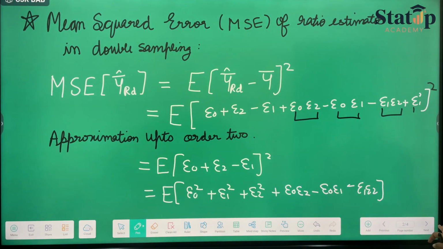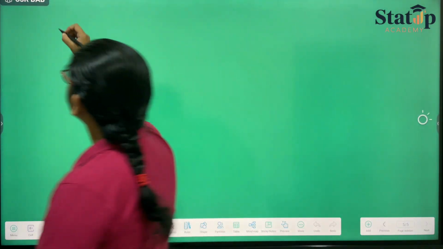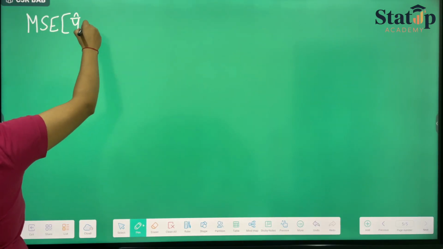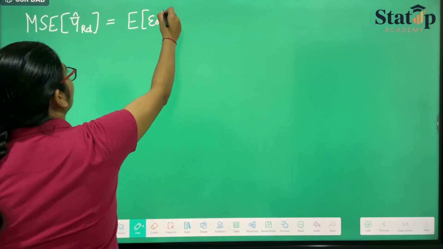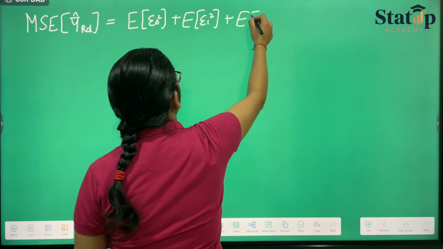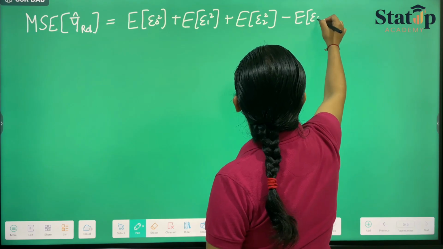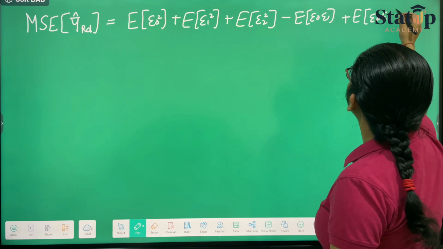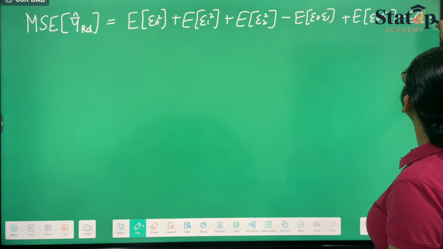Now we'll put the values here. The MSE, mean squared error of the ratio estimator in double sampling, is given by expectation of epsilon naught square plus expectation of epsilon 1 square plus expectation of epsilon 2 square minus expectation of epsilon naught epsilon 1 plus expectation of epsilon naught epsilon 2 minus expectation of epsilon naught epsilon 1 epsilon 2.